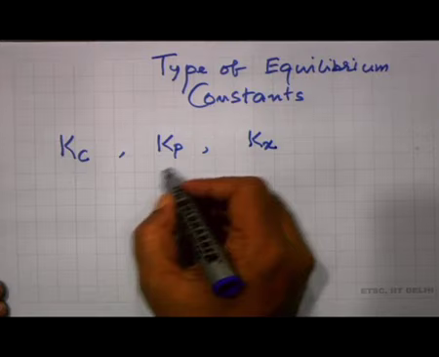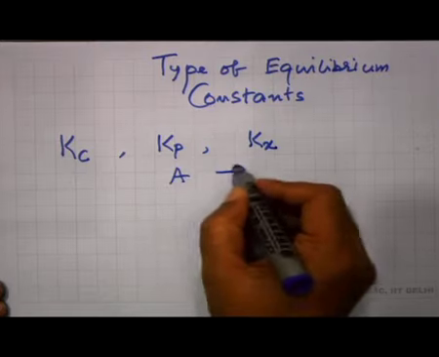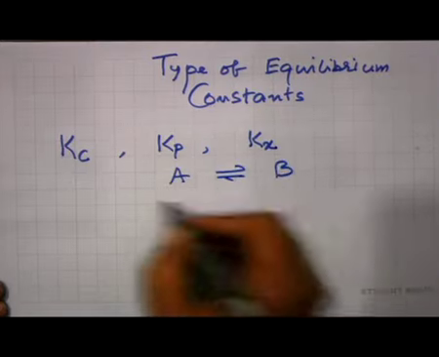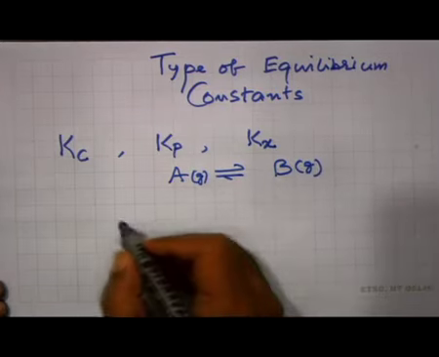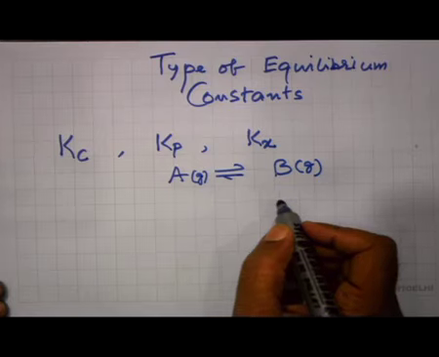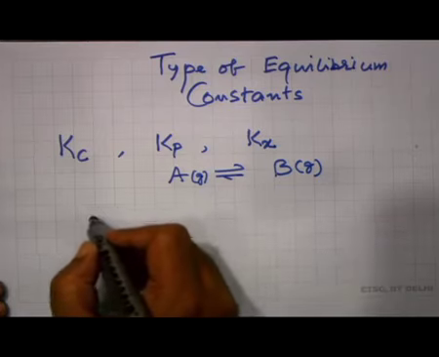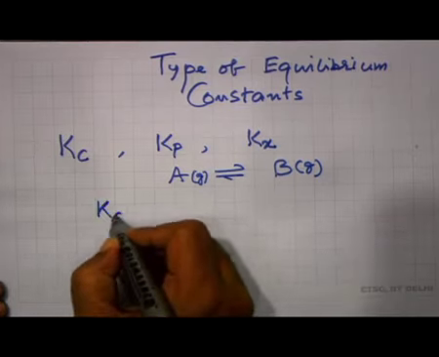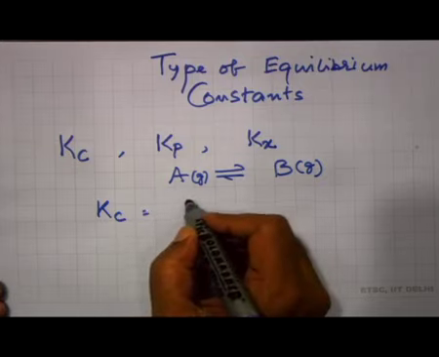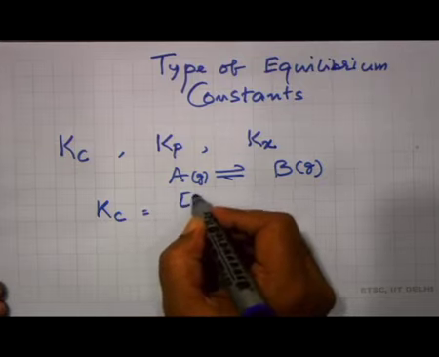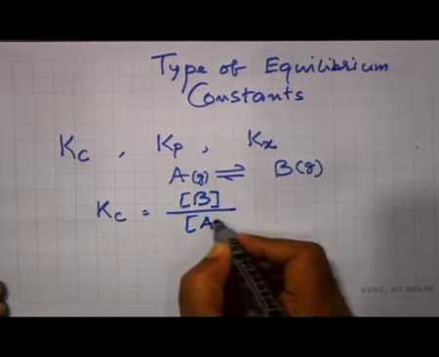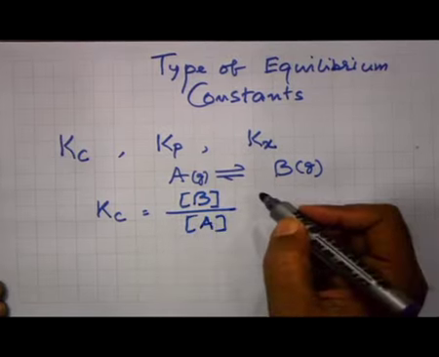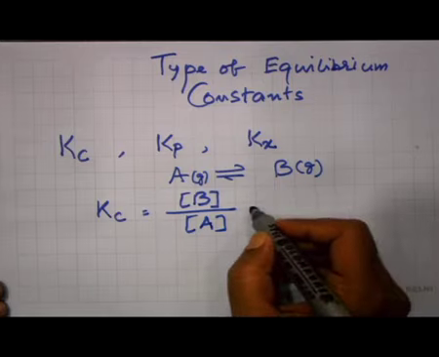For a reaction A to B, we define what we mean by Kc, Kp and Kx. So, Kc is your concentration of B by concentration of A.